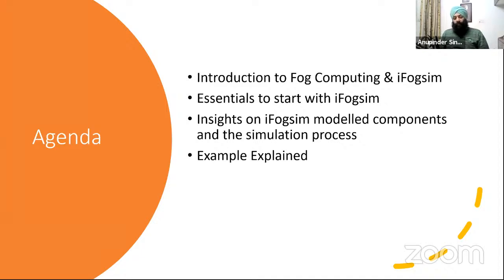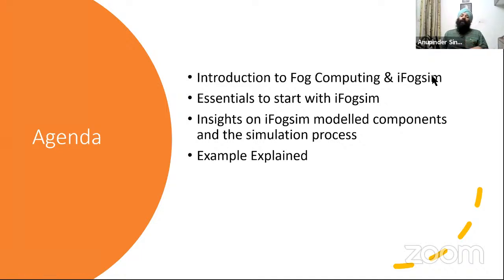Then we'll be looking into the essentials to start with the iFogsim, and we'll be looking at the different set of project components which are there in this particular iFogsim API. Then we'll be getting inside of the project and looking at the various models and the different components which are going to facilitate the simulation process.